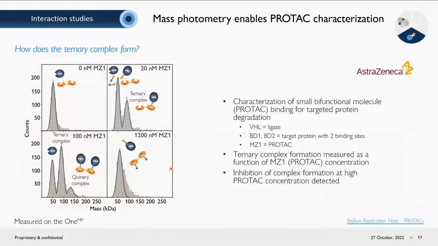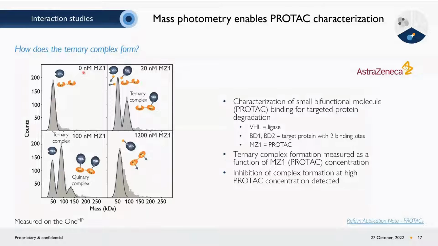We can also look at binding even though we cannot resolve certain binding partners. What we see here is a study from AstraZeneca on PROTACs. In the first window, we have VHL, the ligase, and BD1, BD2, the target protein with two binding sites. That's the protein that is supposed to be degraded in this process.